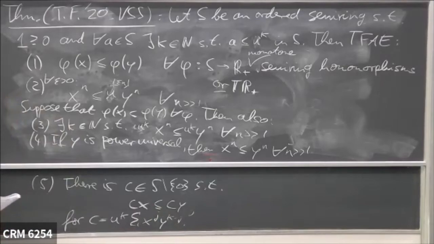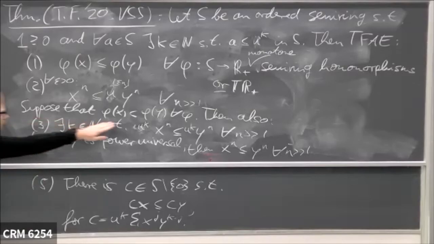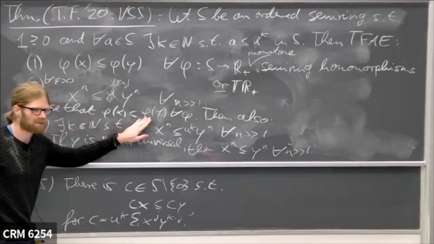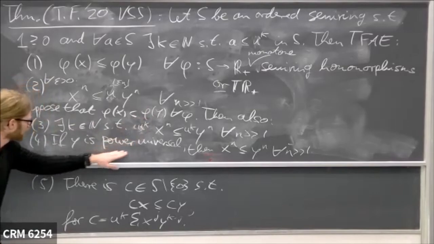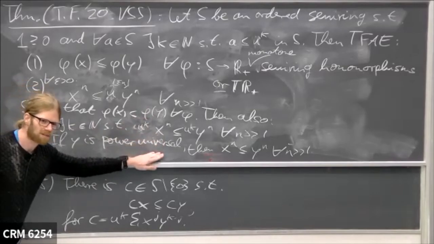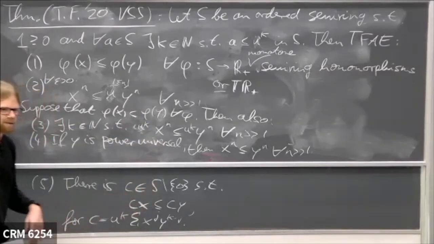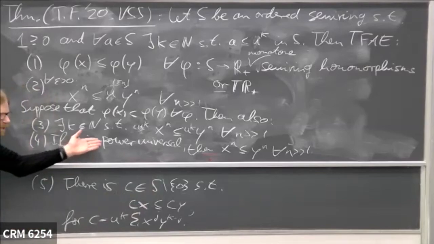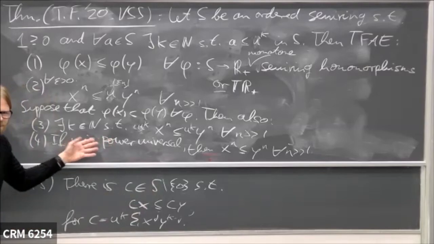But basically to wrap up, the point is that if we have strict ordering for all phi, then we got versions of the asymptotic ordering and the catalytic ordering, and this is the kind of deep result.